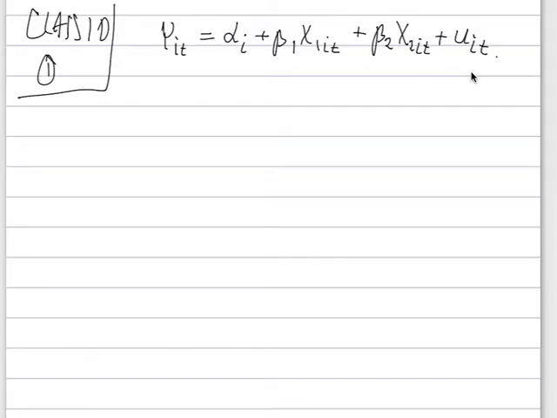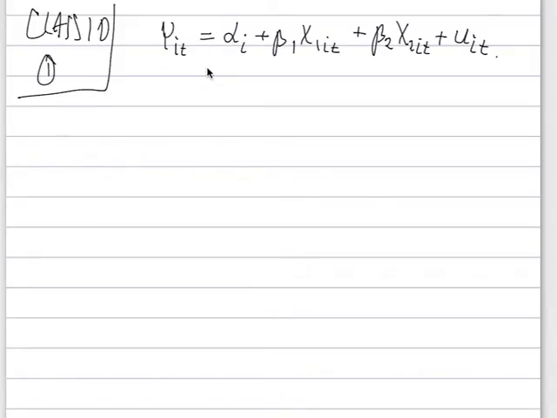You cannot observe them. For example, this alpha I doesn't have a T dimension. Notice this. It doesn't change over time, but it's changing across countries. The I goes up to 200, for example, in this case. Each country has its own unique culture that determines its growth path, for example.